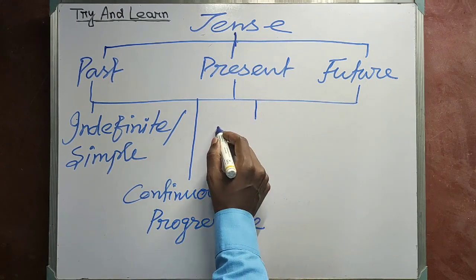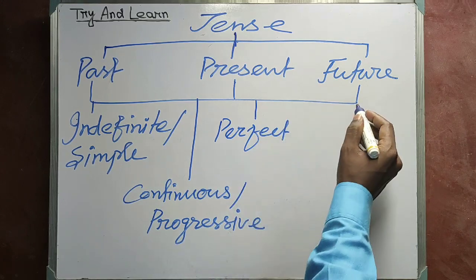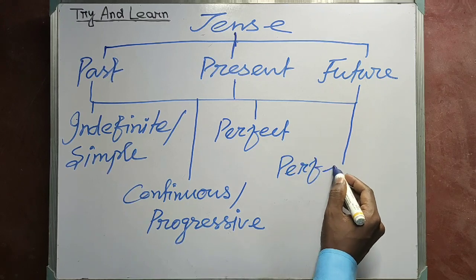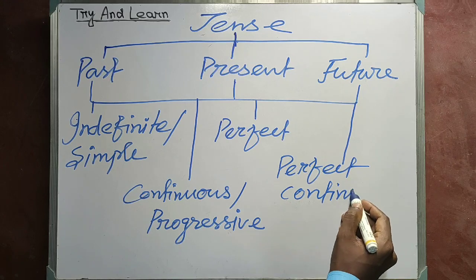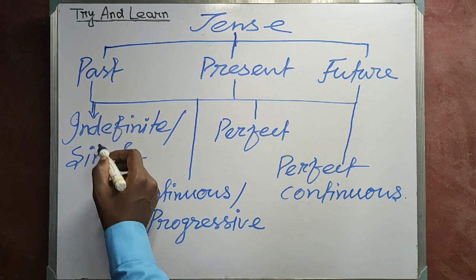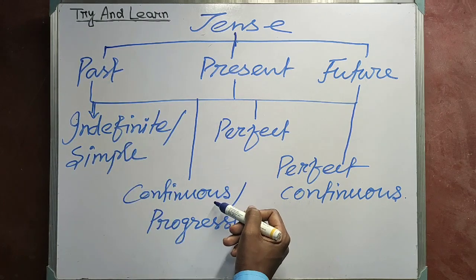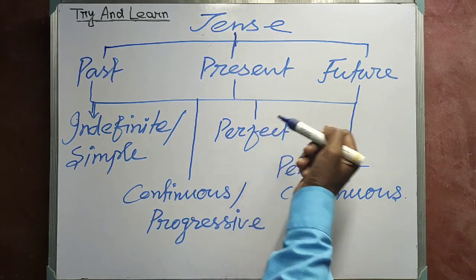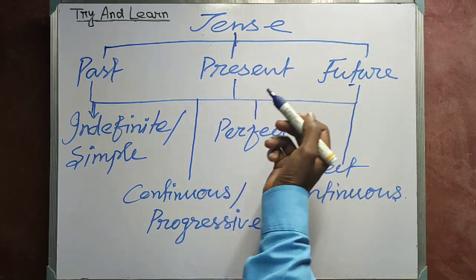Third is perfect, and fourth is perfect continuous. First, indefinite or simple means simple past or past indefinite, past continuous or progressive past, then past perfect continuous. In the same way, present and future also.